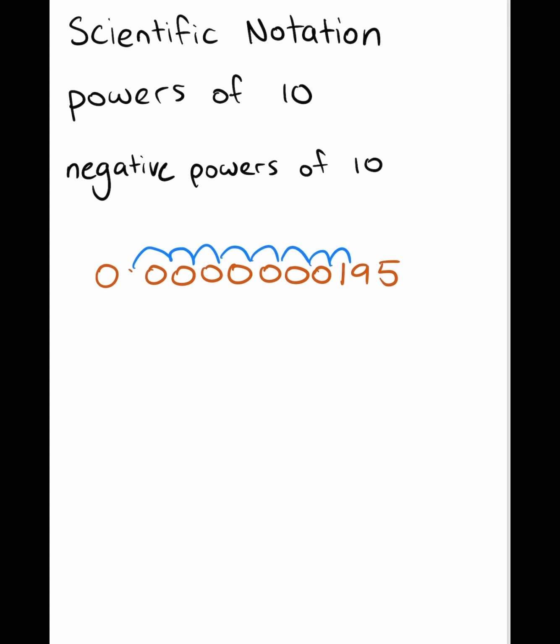Every single time we do a jump until we get to 1, you can see we've made 1, 2, 3, 4, 5, 6, 7, 8 jumps. That means we're dealing with a factor of 10 to the power of negative 8, because remember, we're getting smaller now. When we're dealing with bigger numbers, it's going to be a positive factor. When we're dealing with smaller numbers, it's going to be a negative factor. So how we write that is 1.95 times 10 to the power of negative 8.